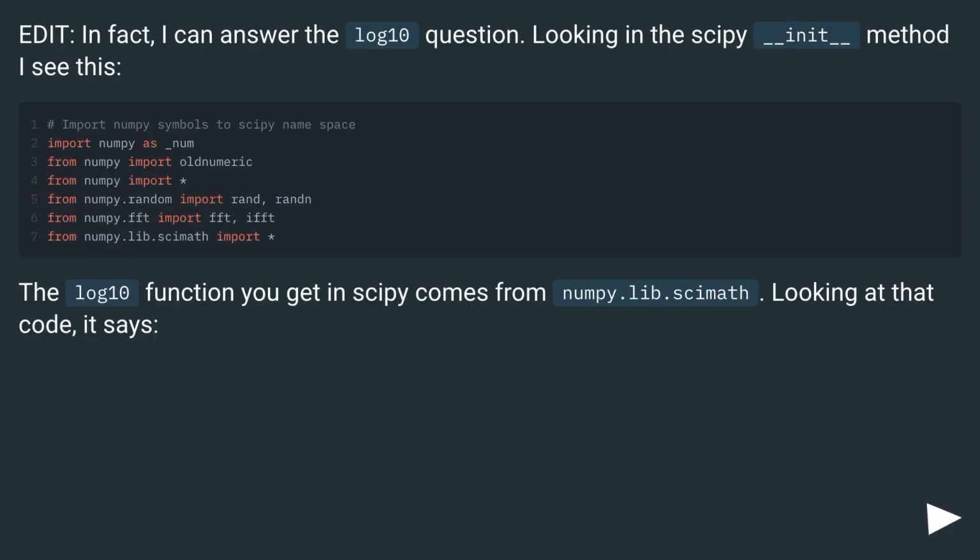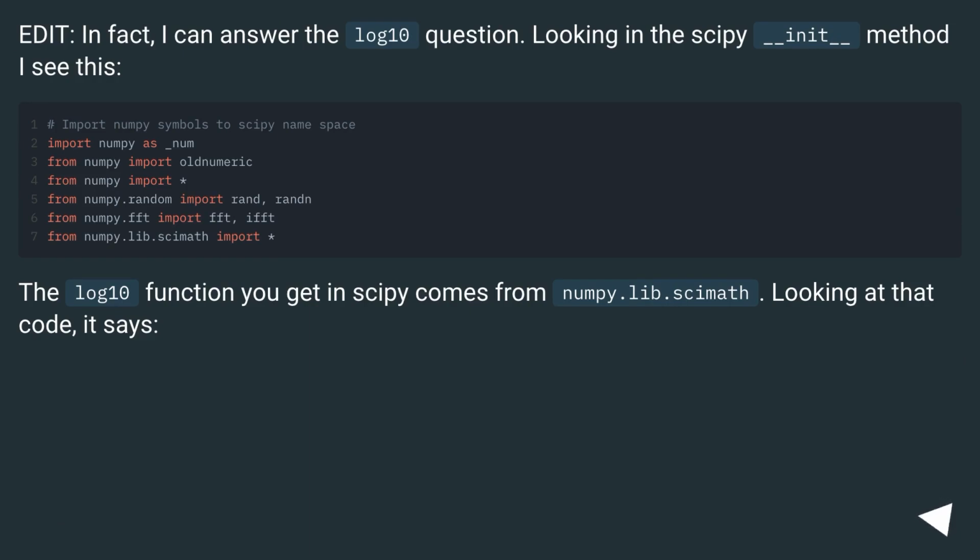Edit: in fact, I can answer the log10 question. Looking in the scipy __init__ method, I see this. The log10 function you get in SciPy comes from numpy.lib.scimath.